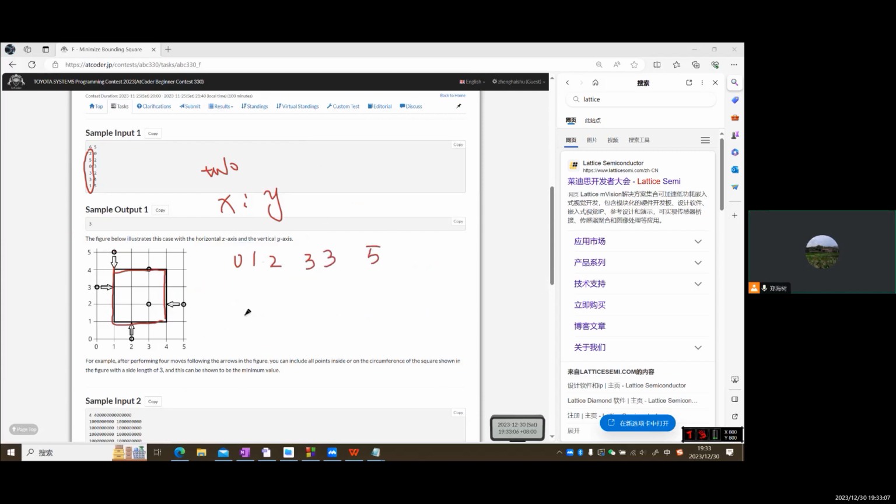Okay, here 0, 1, 2, 3, 3, 5. So if we get the length of the side, for example, the length is 3.